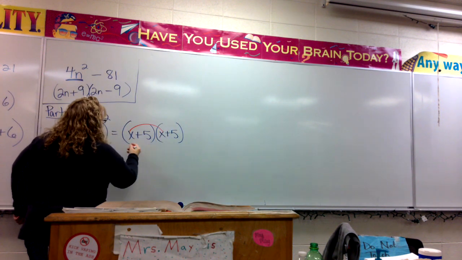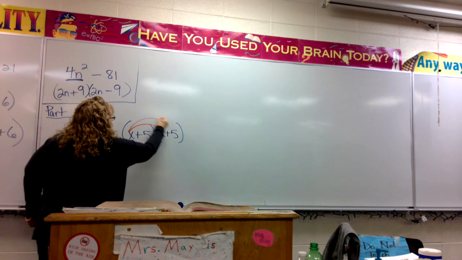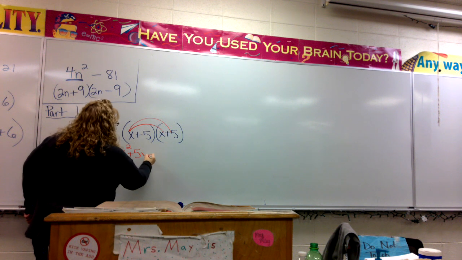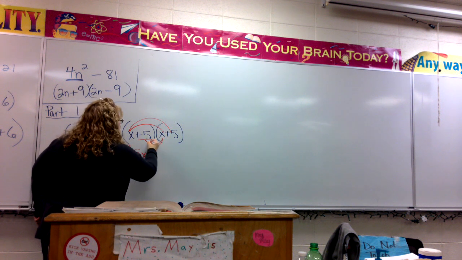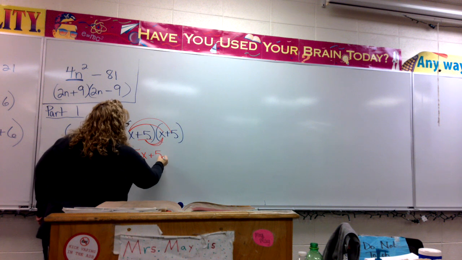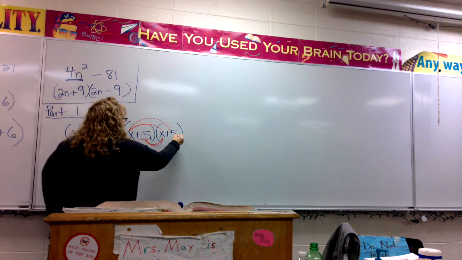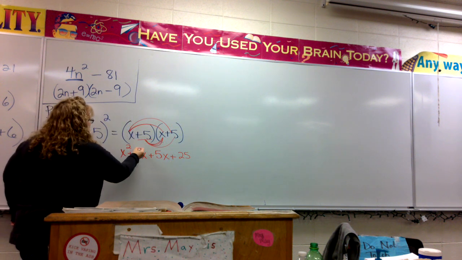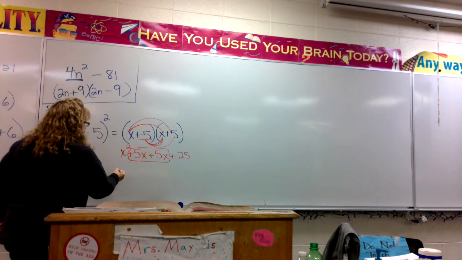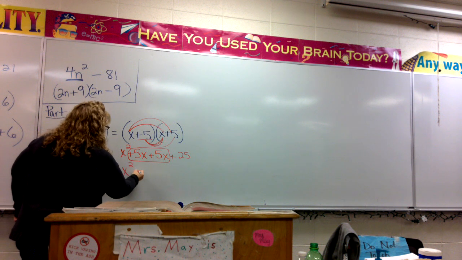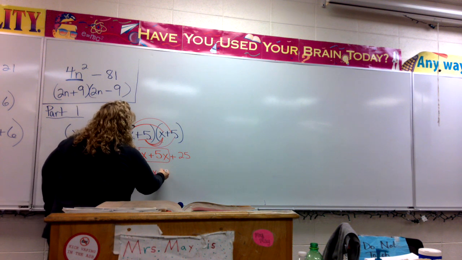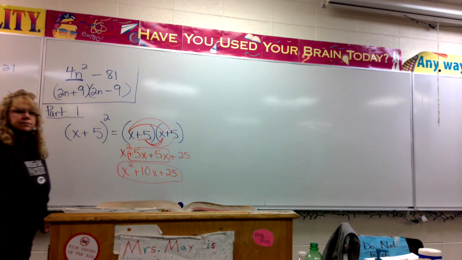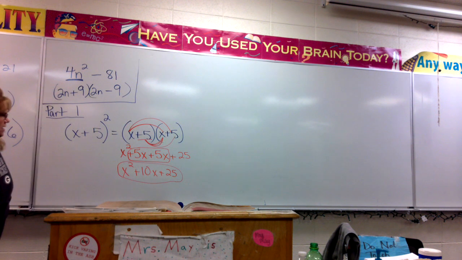What do you get? x squared plus 5x. Then you move over and do another 5x and plus 25. And if you simplify this, what do you get right there? x squared plus 10x plus 25. That's your answer. Really, that's all you're doing is multiplying like we've been doing the last couple of days.